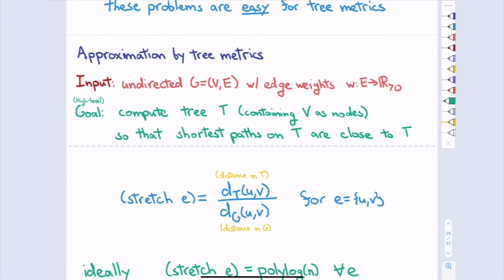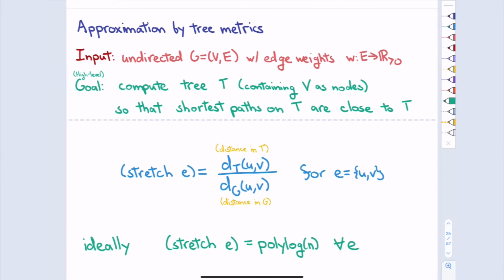what's the point of all this? So we're going to be exploring, focus on the top half first, sort of an algorithmic paradigm where we take as input some undirected graph. Everything we're going to do is on undirected graphs, partly because that's when the shortest paths actually give you a metric. If it's a directed graph, then it might not be symmetric, and that causes some issues.